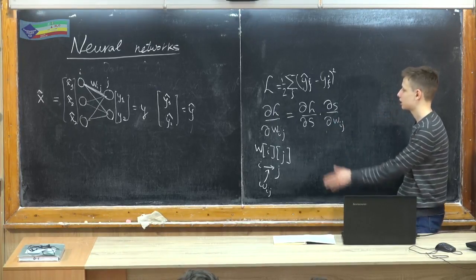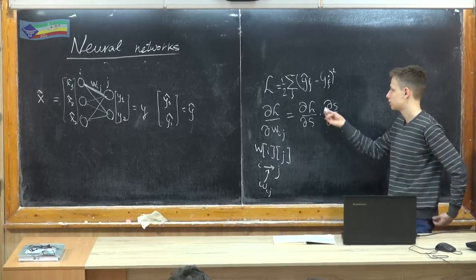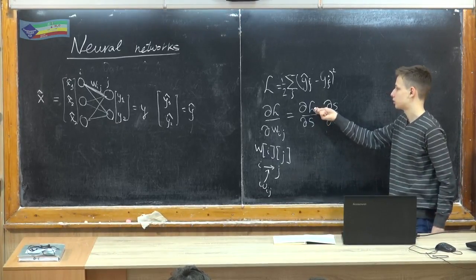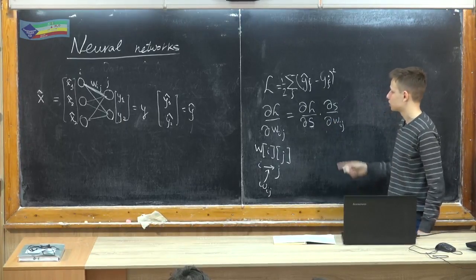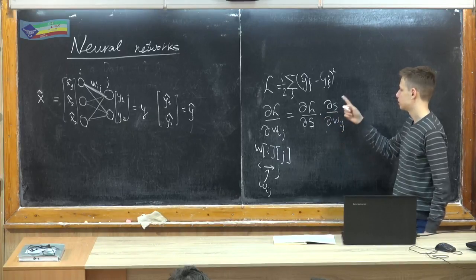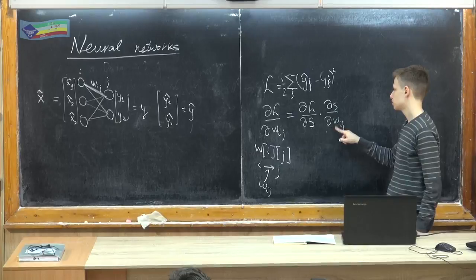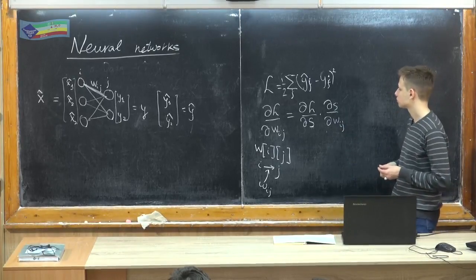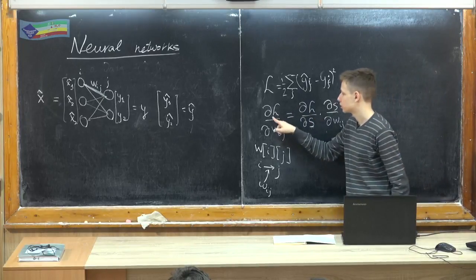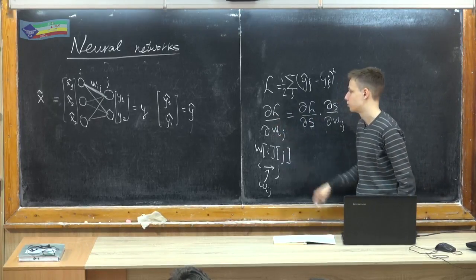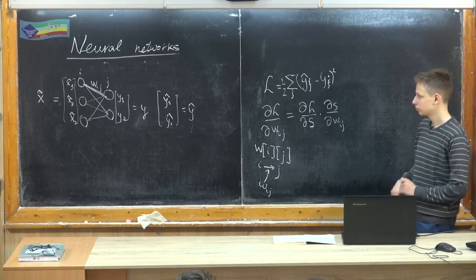We can introduce any variable s, which depends on something, and the derivative of the loss function with respect to this variable multiplied by the derivative of this variable with respect to this weight will be equal to the partial derivative of the loss with respect to the weight. So this is the chain rule, and we are going to use it.